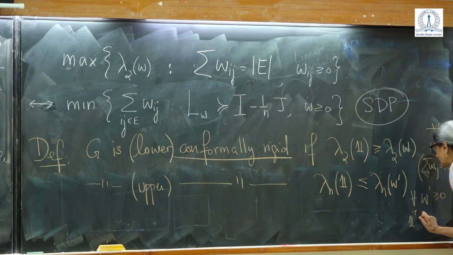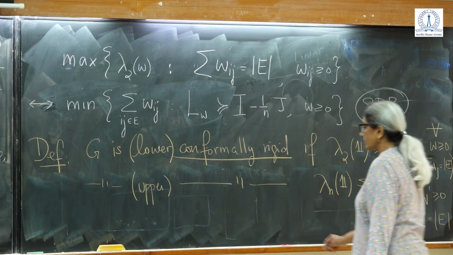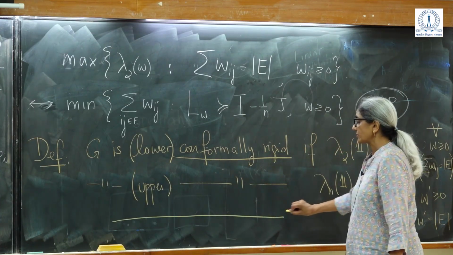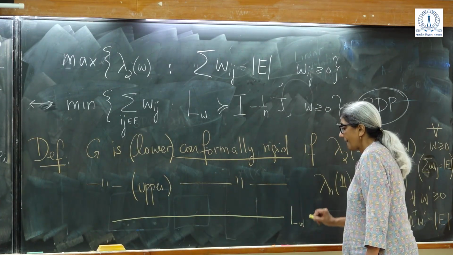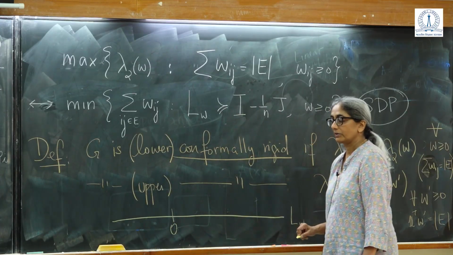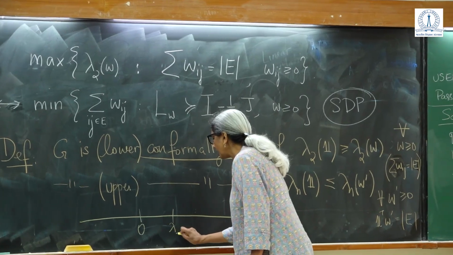So the all ones dot W prime is equal to the number of edges, okay? So in terms of the picture of the spectrum, what we are hoping for is that, okay, here is the spectrum of the Laplacian, and we know that 0 is an eigenvalue, for sure. And then there is lambda 2, okay?